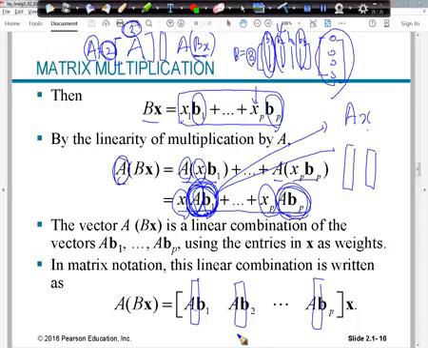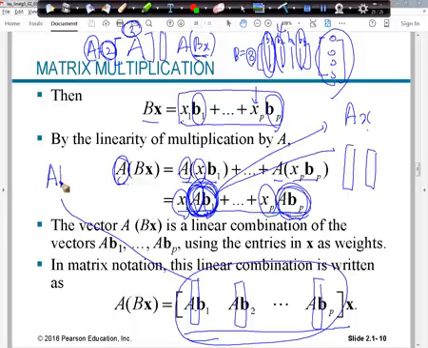So the entire transformation can be defined in this form. This can be viewed as a one-step transformation, A times B, times x. This is a one-time transformation, and the corresponding matrix is represented in this form.